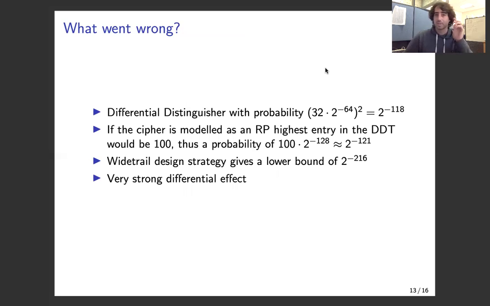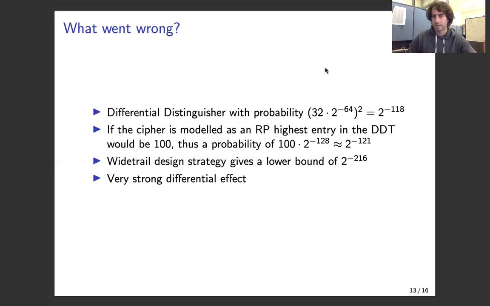So what we have is a differential distinguisher with a probability of 2 to the minus 118, while the Widetrail analysis gave us a probability for the best characteristic of 2 to the minus 216. The problem here is the difference between differentials and characteristics, because a differential you can see as a set of differential characteristics that all go from one input difference to the same output difference.